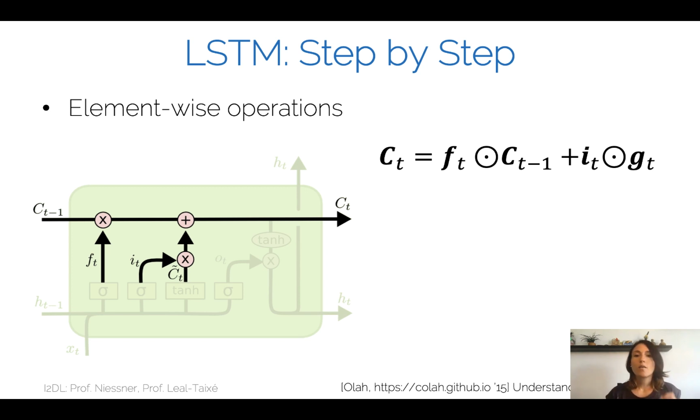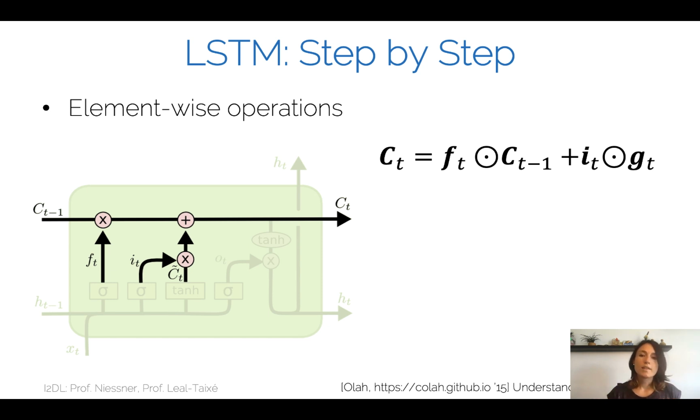Now again, what are the operations with which the forget gate and the input gate are interacting with the cell state? So remember that the cell state is kind of this highway for information, right, that is passing along the sequence and that allows us to have this long-term memory.